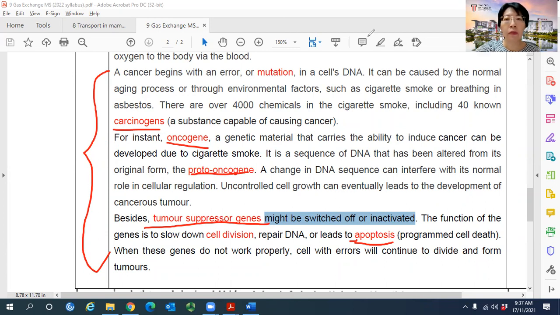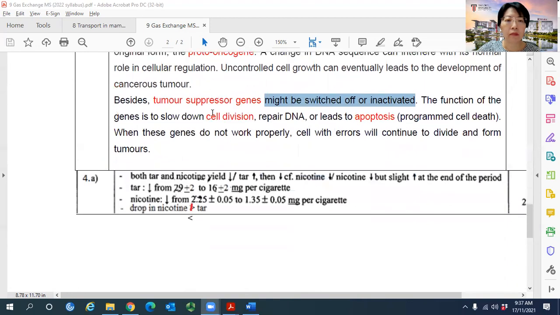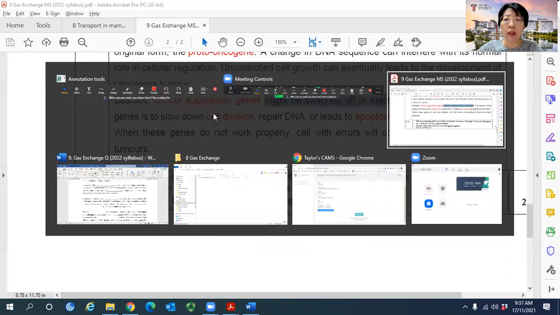So therefore, it is very important that you have sufficient time to learn up everything that you have learned in your syllabus. Everything that you have learned in the chapter, you need to give yourself ample time to learn them up. Okay? Right, next question.